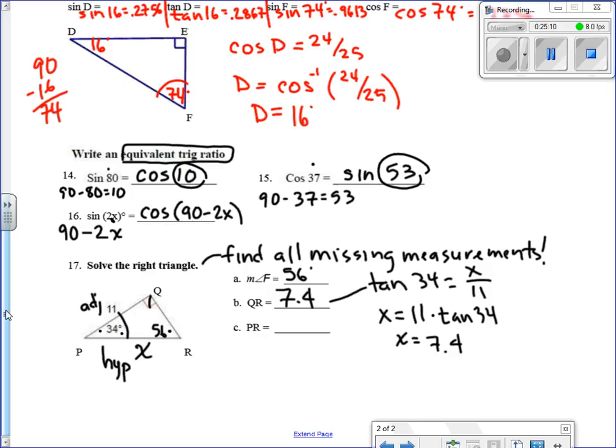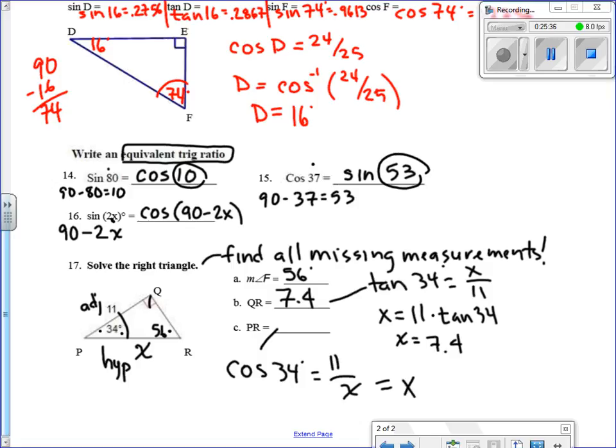And what trig function is that? That's the cosine function. Sorry, for a second I had to stop and think. The cosine of 34 degrees equals the length of the adjacent side, 11, divided by the length of the hypotenuse, x. X is on the bottom, which means I divide.